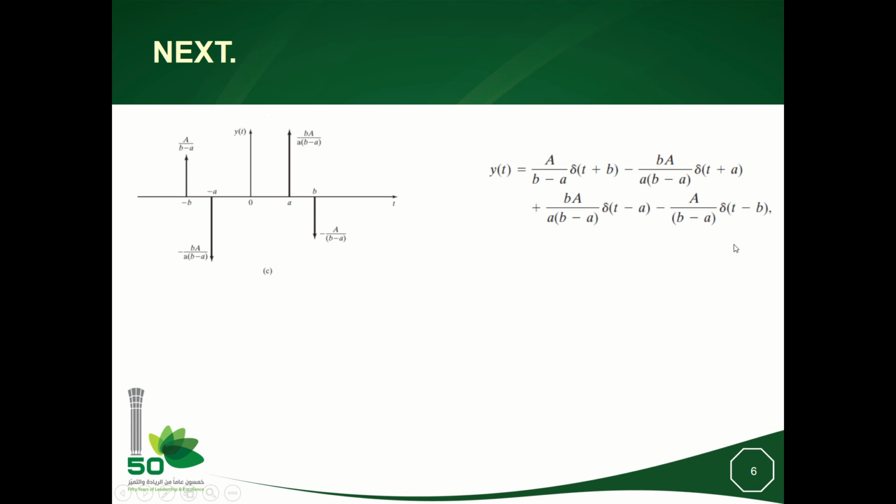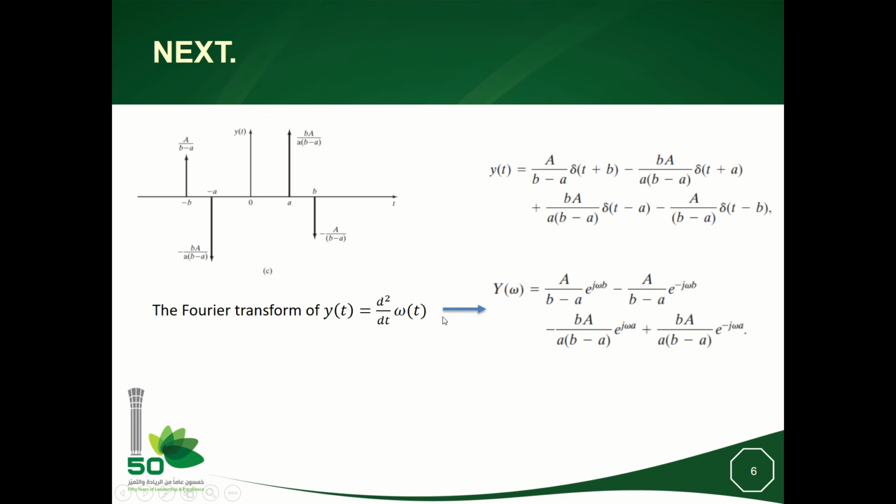This is what you are seeing here: 4 terms of the Dirac function delayed by some quantities. And we know that the Fourier transform of the signal yt, which is the second derivative of the original signal, we will note as capital Y of omega.